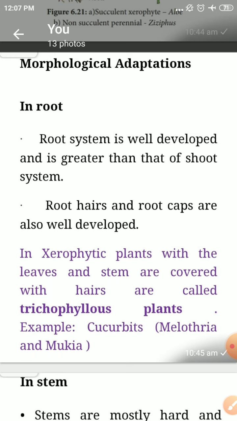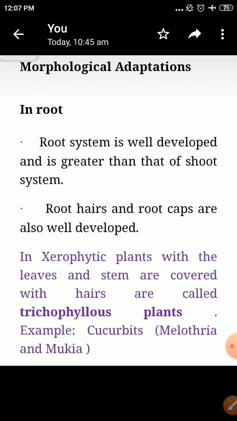For example, in Prosopis juliflora, which we call in Marathi vedi babul plant, which grows along the roadsides, the roots grow about 30 meters in the soil. So this is the deepest root growing in the soil in search of water. As compared to the shoot system, the roots are longer, which have penetrated in the soil.